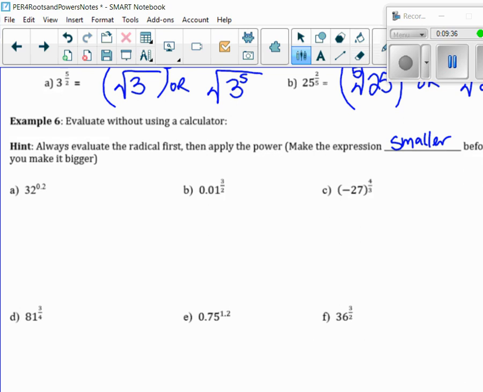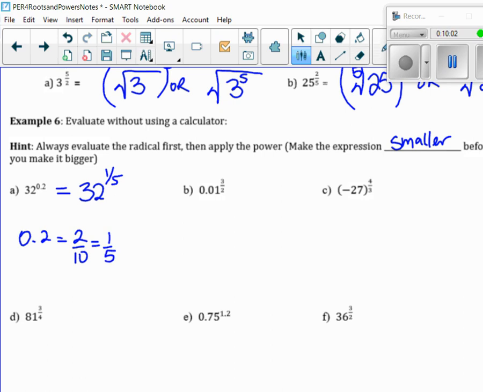Of course, we're going to start with this here. Holy smokers. Do you know what 0.2 is as a fraction? 1/5. This is the same thing as 32 to the power 1/5. Well, 0.2, if I read it like normal, would be 2/10, which reduces to 1/5.